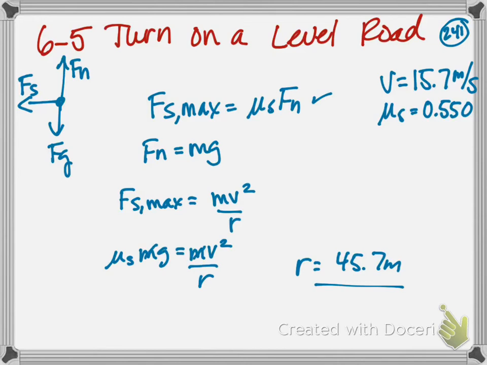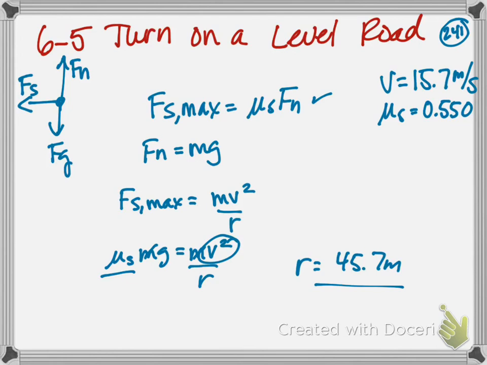So what really matters is the speed of the car, how big the radius is, and then how grippy is that road. Obviously, maybe not obviously, when it's rainy and the roads are slipperier, this goes way down. So the safe speed at which you can take these turns also goes way down.